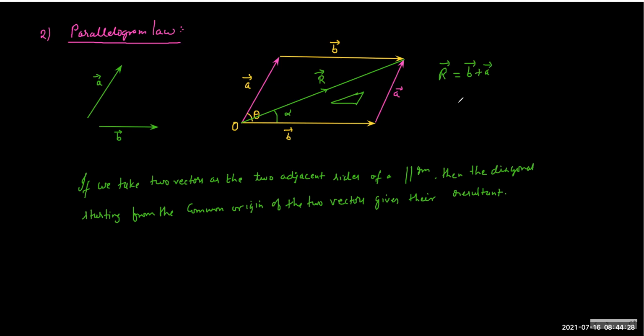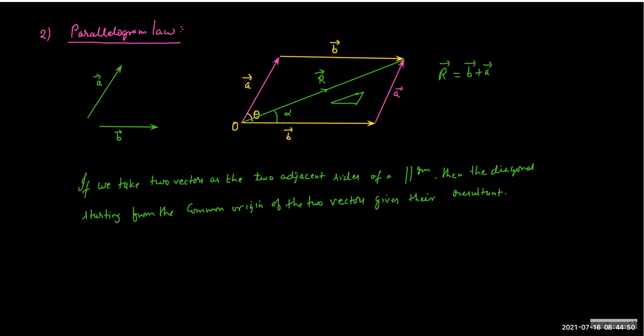So you will always start with the tail of the vector. So R begins at B, right? Where does R begin? Can you see where R begins? It starts at B, isn't it?